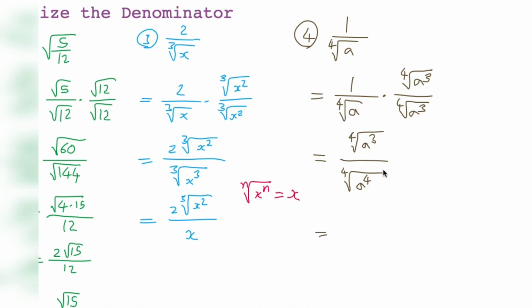Now here apply this formula. A to the power 3, and here this is a free, because here 1/4 power and this is 4. It will be cancelled out. So this is our radical free answer.